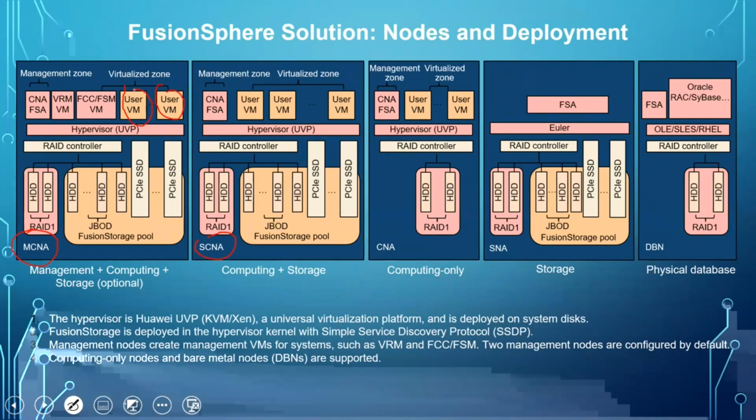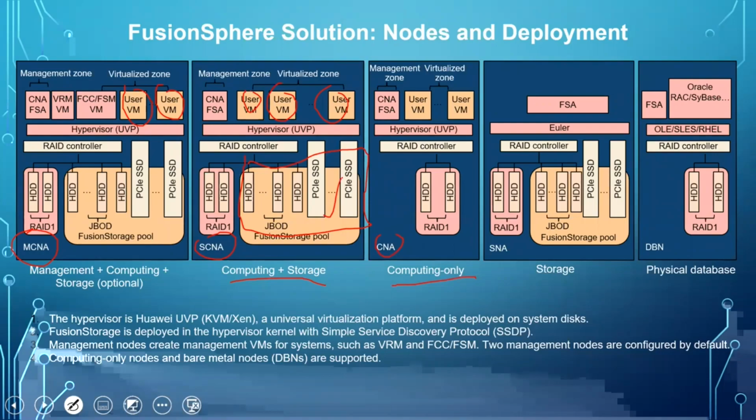But SCNA is compute plus storage. It contributes as storage as well, and we can create VMs on top of it, so user VMs will also be created here. In SCNA, it is a must that you have HDD and SSD available. But CNA is only for computing, so you don't need storage disks in the CNA.